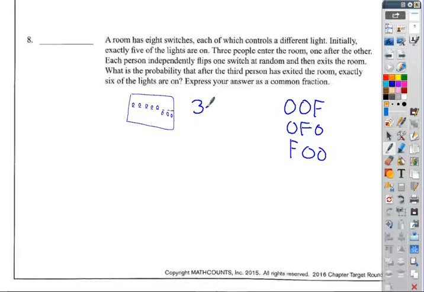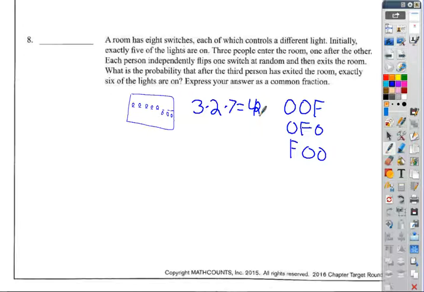So let's multiply that by 2. And then the 3rd person turning off, well, there's a total of 7 lights that they could turn off that are already on. So let's multiply that by 7. And we multiply those 3 numbers out, and we get, what is that? 7 times 2 is 14, times 3 is 42, I believe. So we get 42 after multiplying those 3 out.